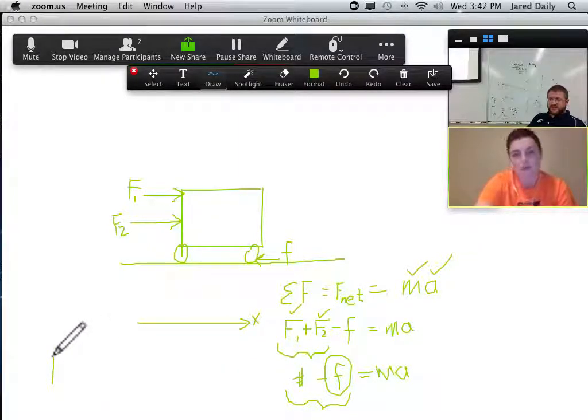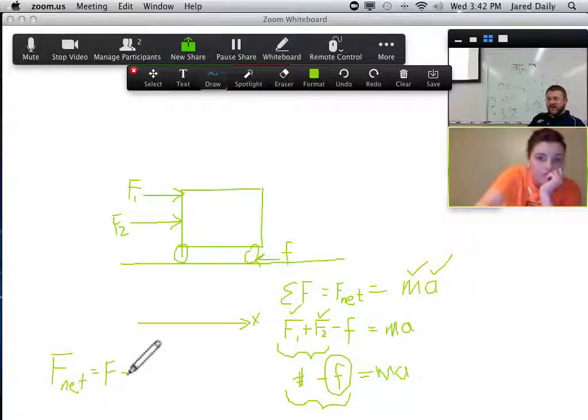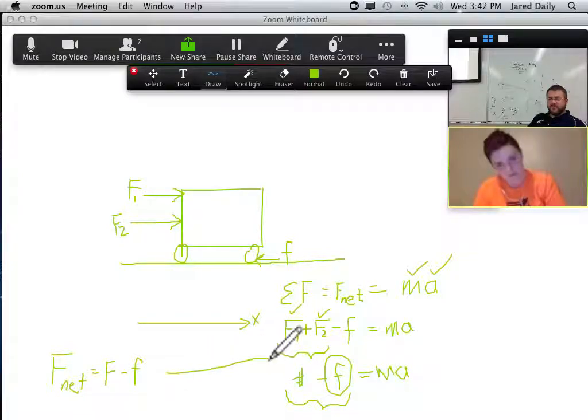So, in other words, net force equals the force that they give you, the force in the problem, minus the frictional force that you solve for over here. Does that make sense?